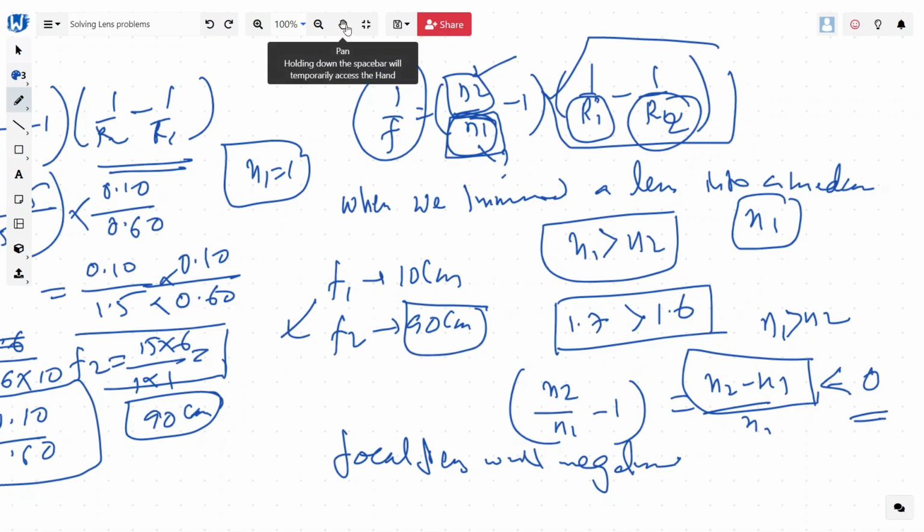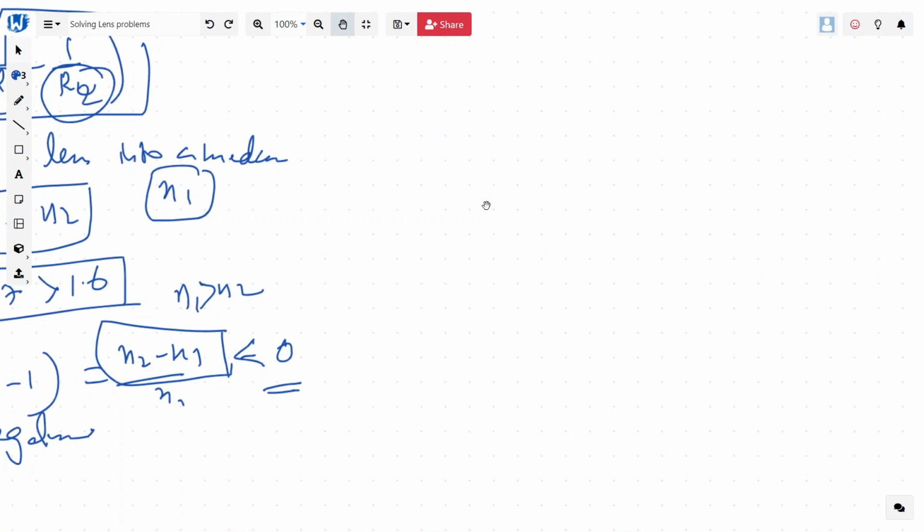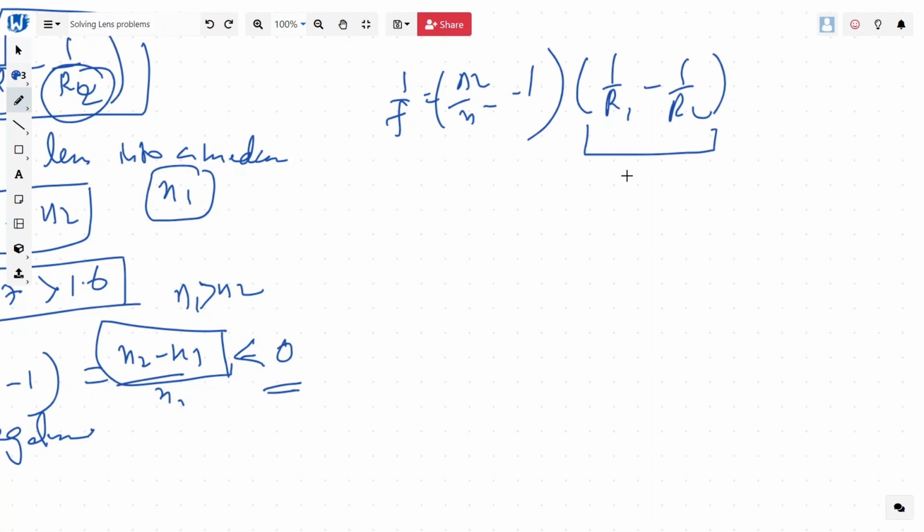What it means is simply that now this convex lens, because of the shape, right? So we had this shape. The shape is defined by, in this lens maker formula, right? It's n2 by n1 minus 1, and this is 1 by r1 minus 1 by r2. This part defines the shape of the lens, right? So we had this convex lens. Okay, now this defines in the medium we are, now it has become negative.